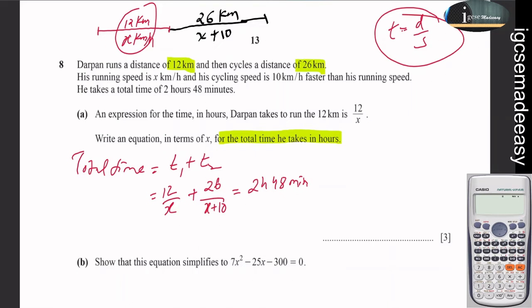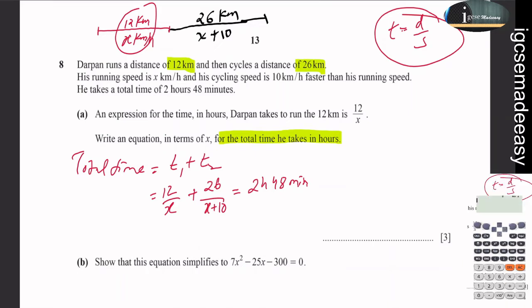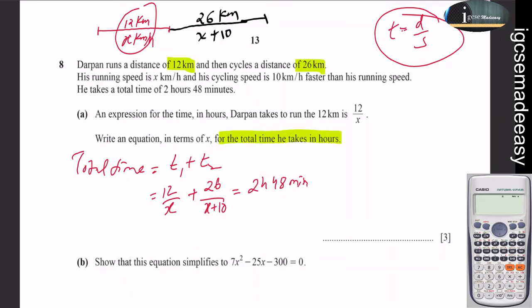So now we cannot write 2 hours 48 minutes. Instead of that, what I'll do is change it into decimal format. For hours, we can just press the comma key that is given. So 2 hours and 48, and then press comma again.